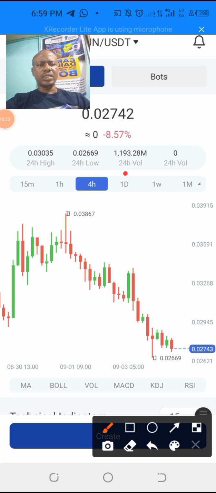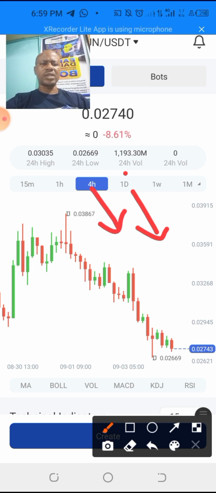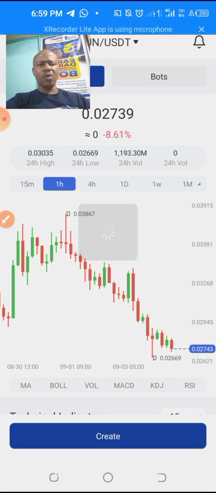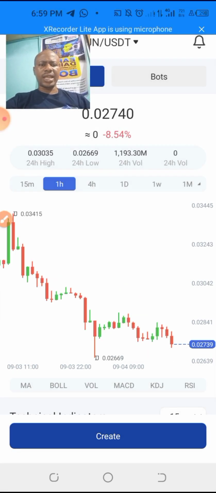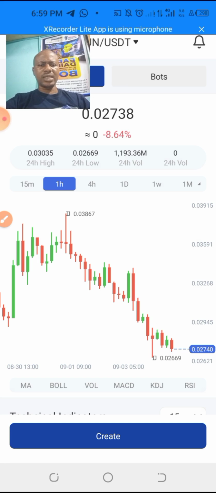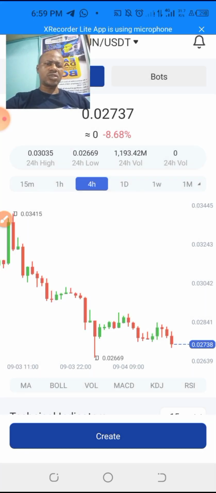If the coin is on a downward trend on the 1 day chart and on a downward trend on 4 hours, you can enter. Or if on the 4 hours and the 1 hour they are on a downward trend like this, you can enter. Because on the 4 hours, you can see that it's on a downward trend here.